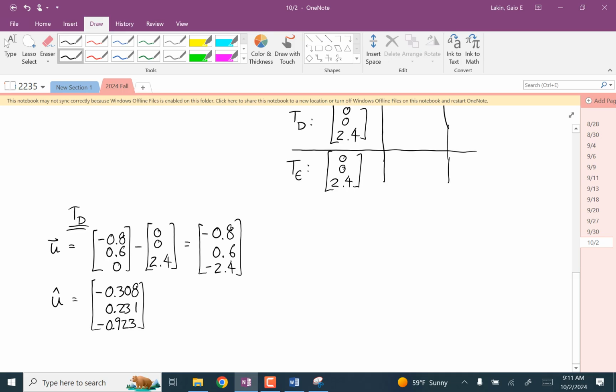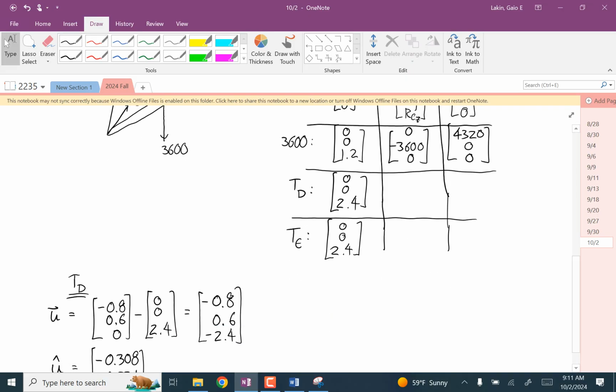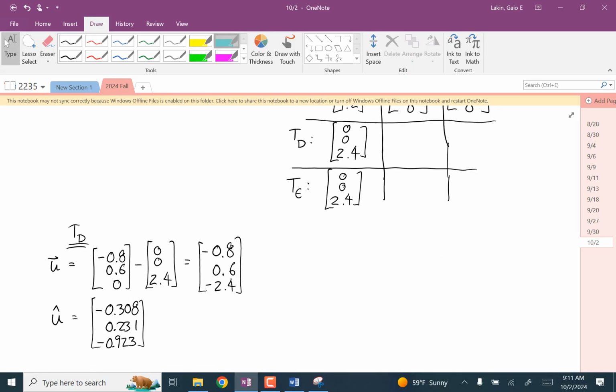That's a unit vector in the direction of the force. So remember, you have to multiply that by the variable. And so this force is negative 0.308 TD, 0.231 TD, negative 0.923 TD.